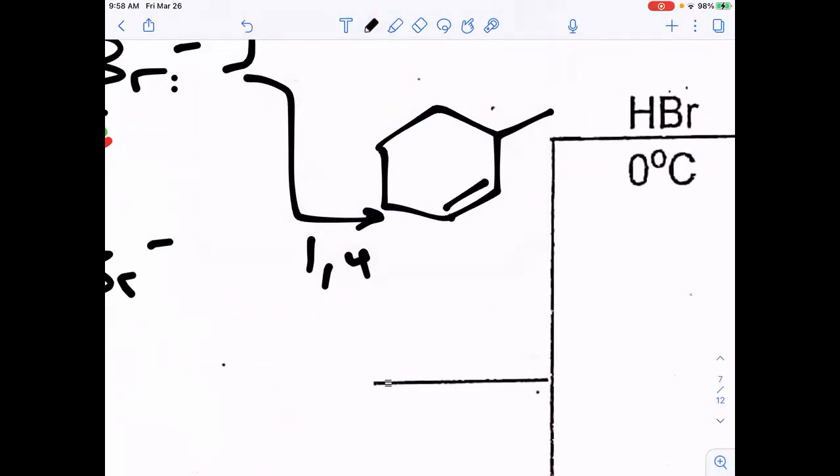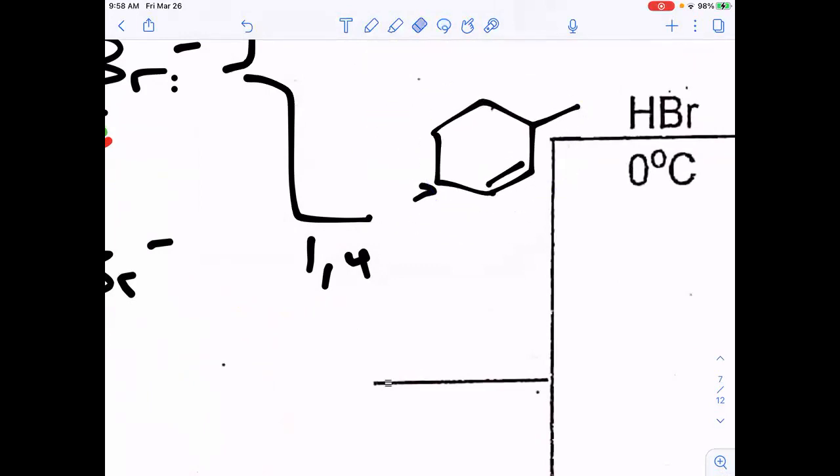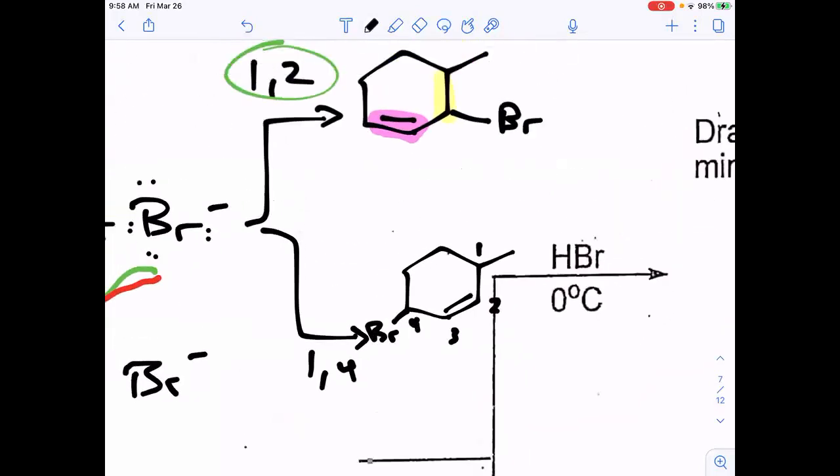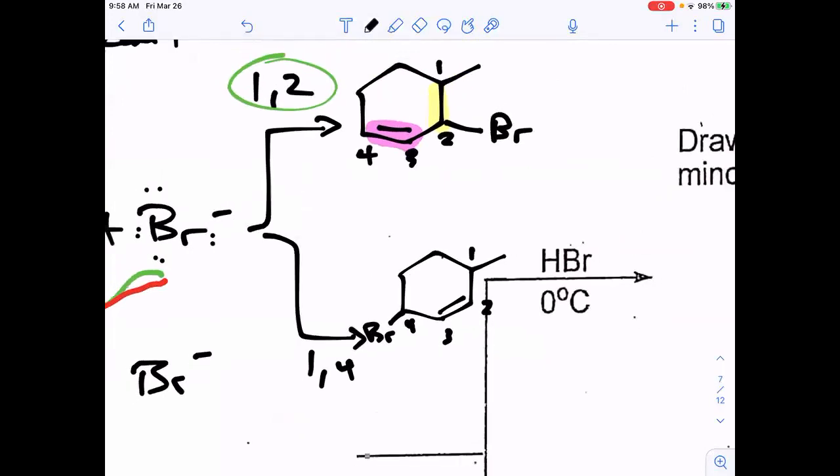And then the bromine ends up here on this carbon, right? That was 1, 2, 3, 4. Just like that's 1, 2, 3, 4.